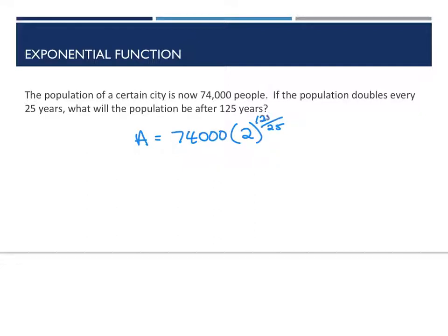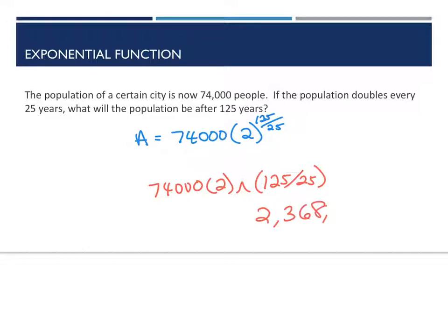I'm looking for 125 years. On my calculator, 74,000, 2 in parentheses, and my exponent enclosed in another set of parentheses. And that's it.